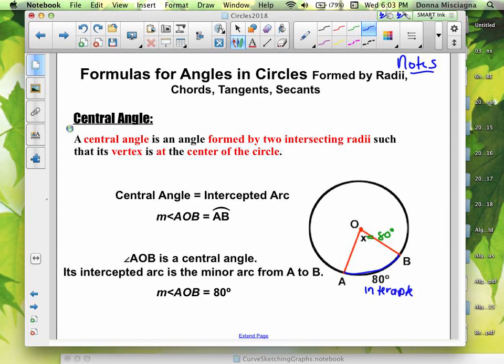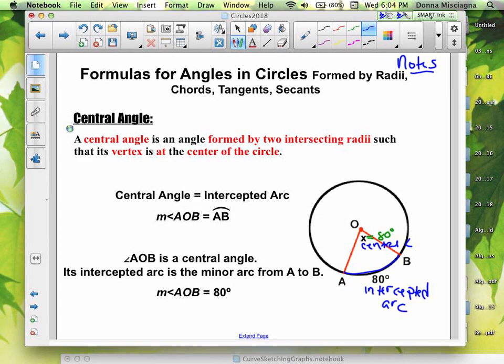Label that in your notes, intercepted arc. And my C and E are so close, it looks like interrupted arc or something. So there we go, intercepted arc. Okay. And right here, X is the central angle.